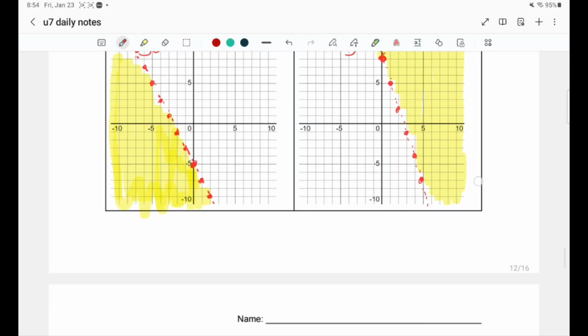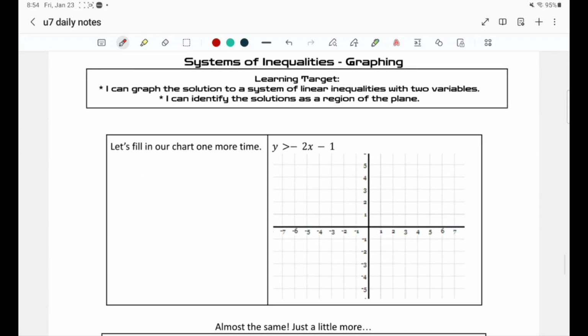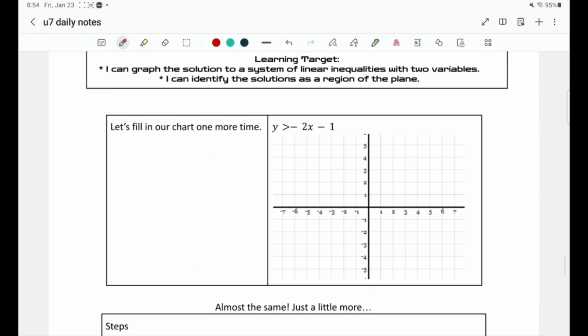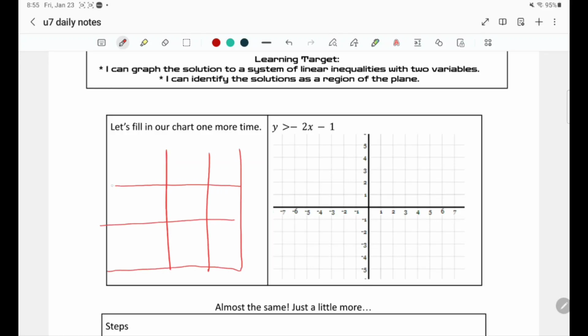So now let's do it with systems of inequalities. I'm going to keep my chart close. Let's see.